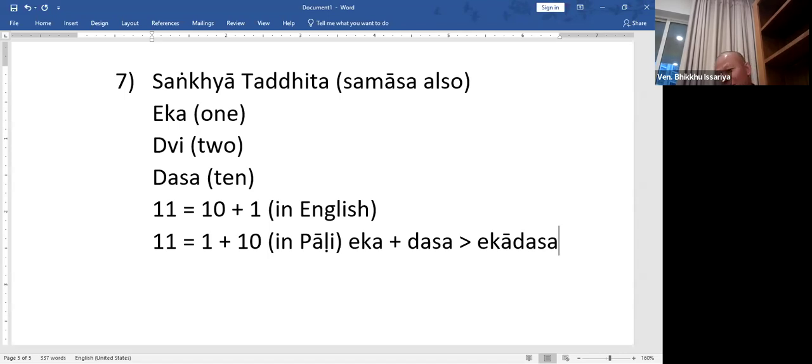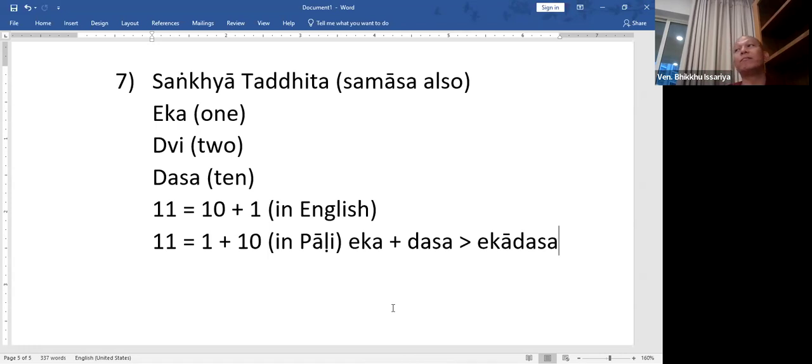Okay, so now all of the structure of the Taddhita we finished today. Is there any question? But why learn it? You want to be kusalo in time. How can we practice Taddhita?